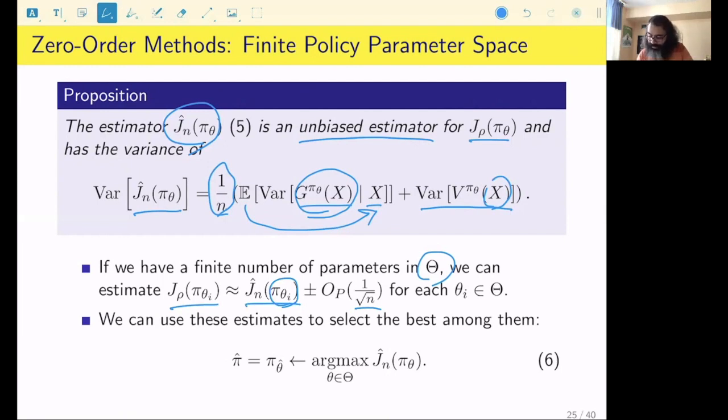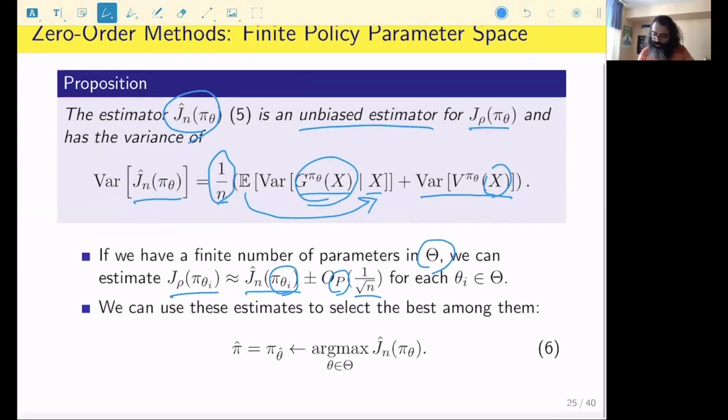Here I'm hiding a lot of things in the order notation, including that this statement is true with, say, high probability, because j hat is a random variable. So with high probability it is within 1/square root of n of the true j. Sometimes people use the notation order of p, which says that we have probabilistic elements in the order notation that are not shown.